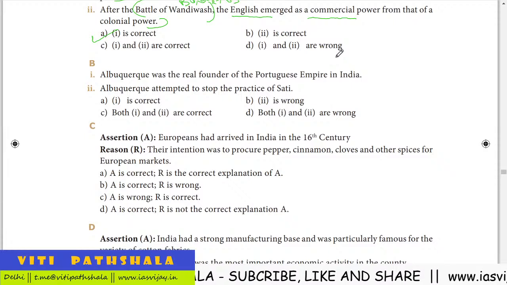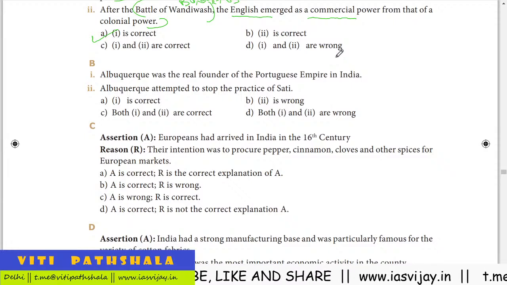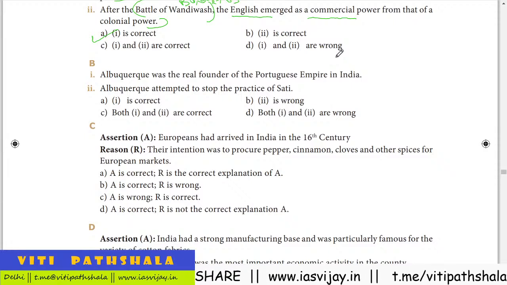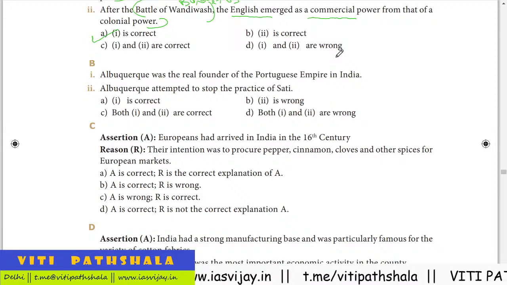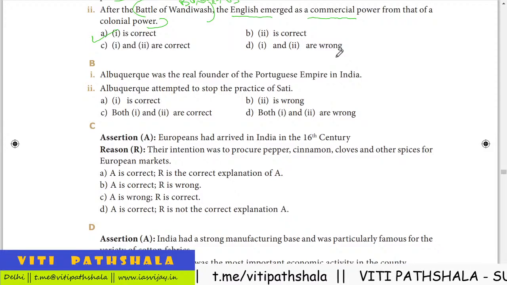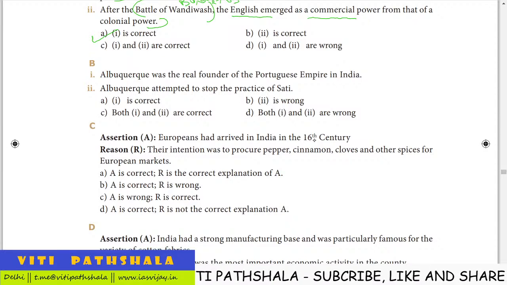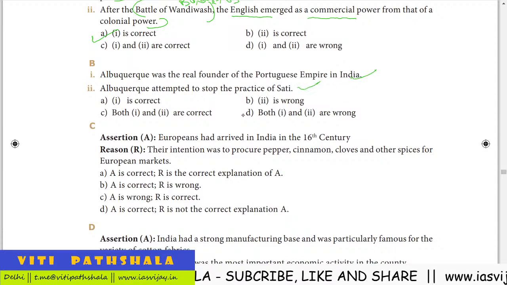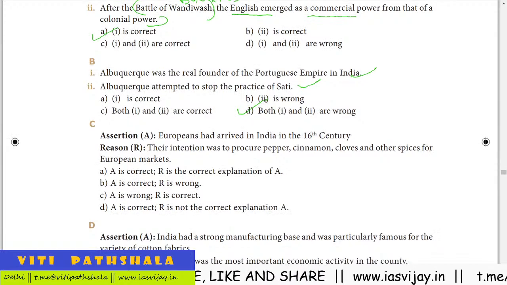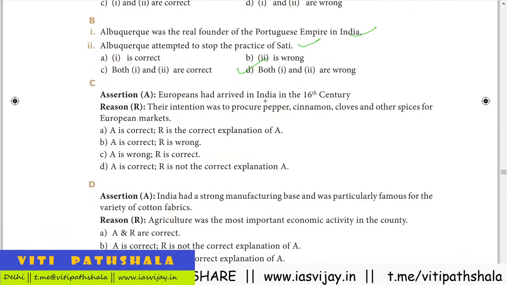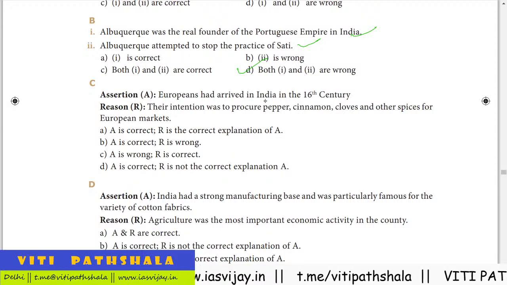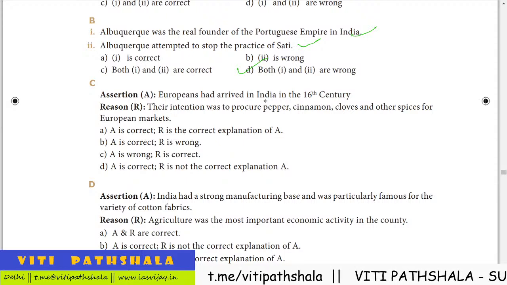Now next, Albuquerque was the real founder of the Portuguese Empire in India. Yes, Albuquerque. This is correct. Both are correct. Now Europeans had arrived in India in the 16th century. Europeans भारत में 16वीं शताब्दी में आए थे.